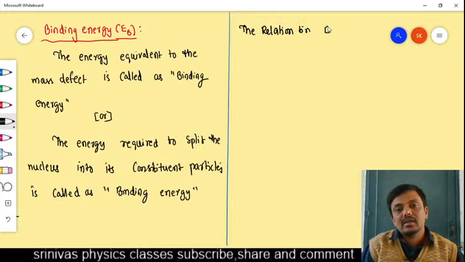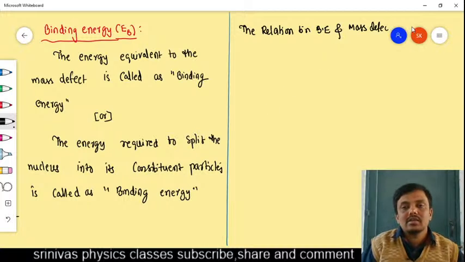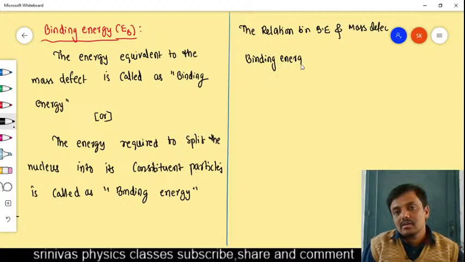Binding energy E suffix B is equal to mass defect into C square. This we can write.